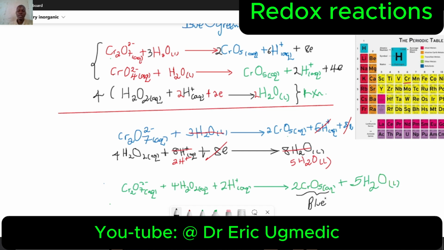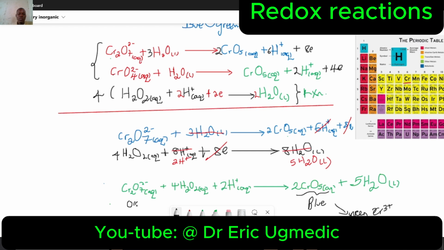And the explanation will be that the chromium pentoxide disproportionates or decomposes to chromium 3 ions and oxygen. So the green solution afterwards will be due to the chromium 3 ions that will have been formed.